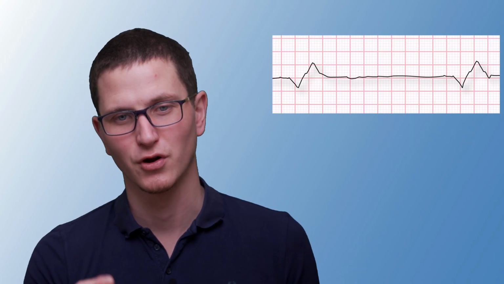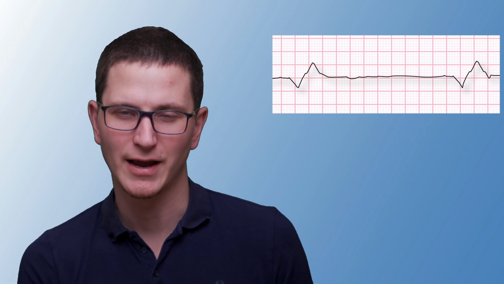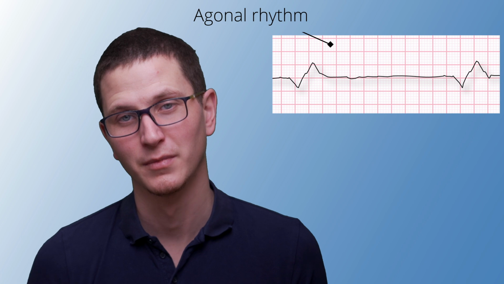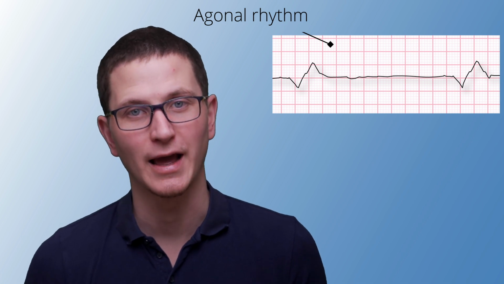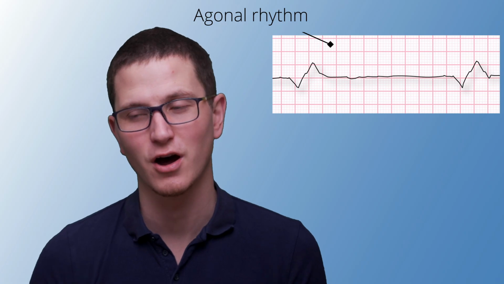But if you have strange, like, bump here and bump there, and it's not really indicating any real conduction to your SA or AV node, then that isn't generally considered a PEA. That is considered an agonal rhythm, and is not called a PEA, and it is not treated as a PEA. It's actually treated like asystole because the heart isn't doing anything. So those are quite important things to understand about that.